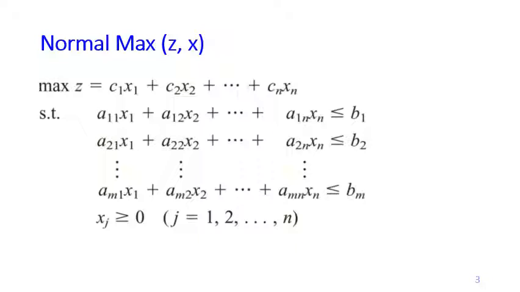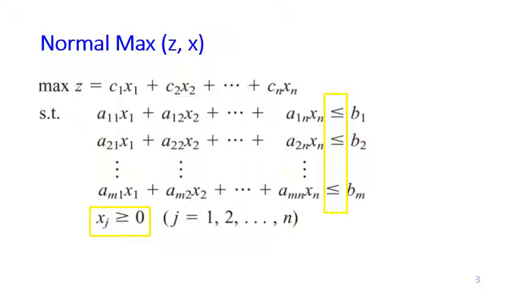When we talk about duality and use this textbook, the convention is that for a maximization problem, we will always use the notation Z to denote the objective function and X to denote the decision variables. A maximization problem is called normal if all constraints have the sign of less than or equal to, and all variables have the sign restriction of greater than or equal to.